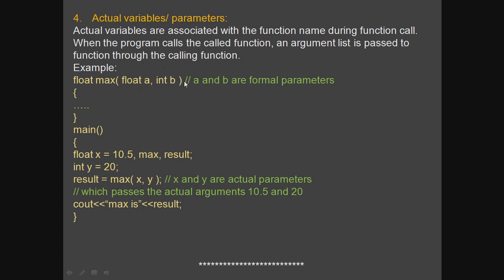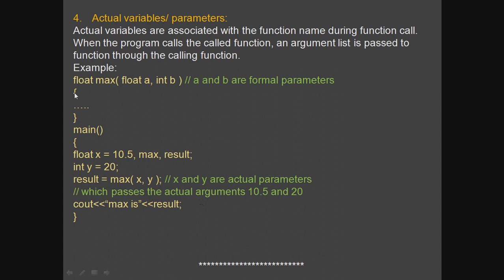Clear? So here, as I said, a and b are your formal parameters. The actual arguments 10.5 and 20 will be passed to a and b, which become what are called formal arguments. Clear? So the values stored in a and b are called formal arguments, and the values stored in x and y are called actual arguments.